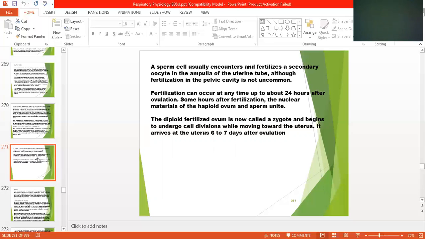It will divide into 16 parts, and we call it a morula. And then it will divide into 70 or some figure like that, I do not remember, and that is called the blastocyst with trophoblast. While moving towards the uterus, it arrives at the uterus 6 to 7 days after ovulation.